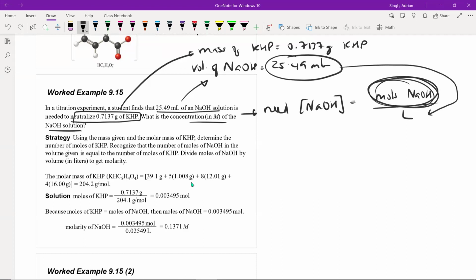So what will allow us to get that? Well, what we actually need is some sort of a relationship between the KHP, the thing that we're given information about, and the NaOH. And the only relationship between them is the balanced chemical equation.